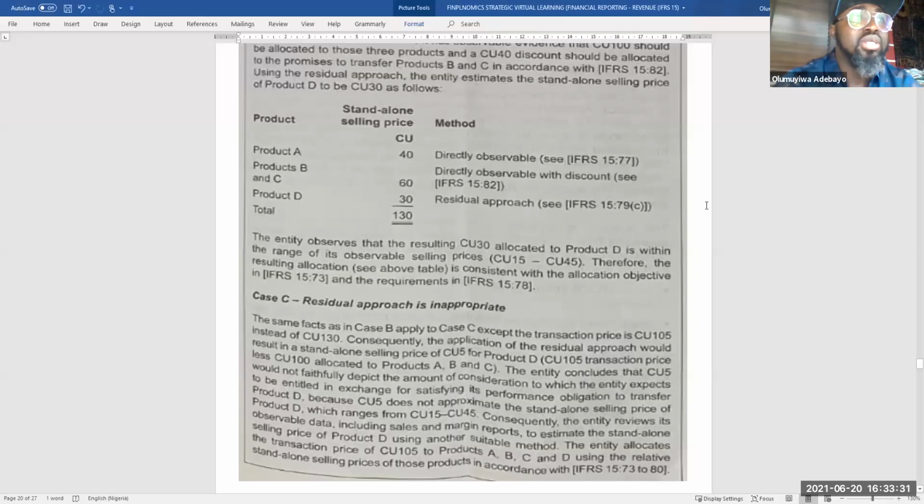Okay, thank you. Now, have you ever seen a situation where you buy product A for $100, product B for $80, and product C for $20 on a standalone basis, which means in all it is $200 if you buy individually.